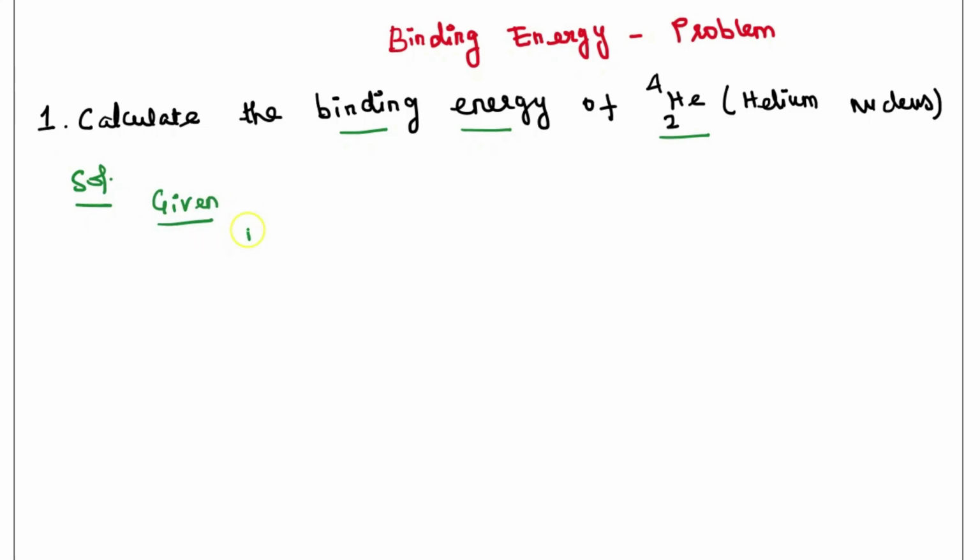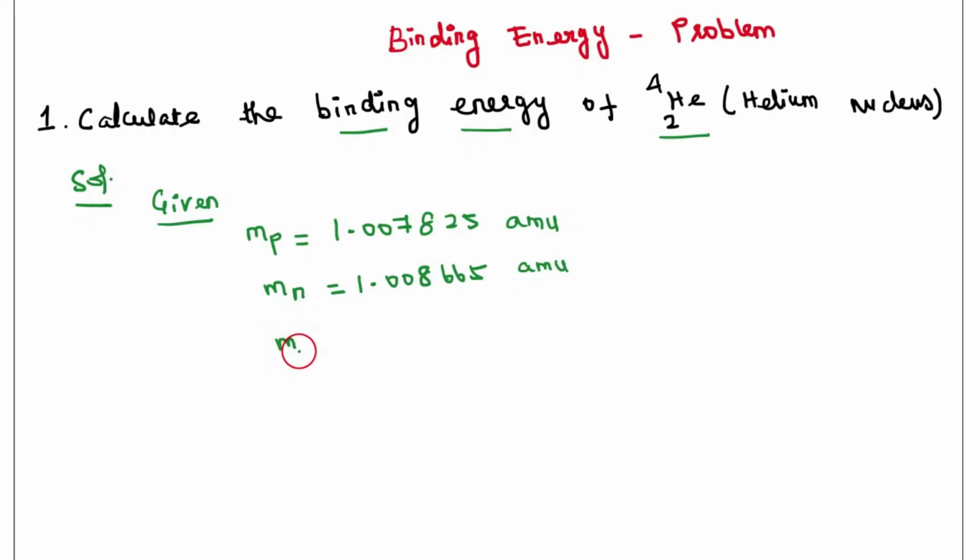So we need to know the mass of the proton. What is the value for the mass of the proton? 1.0078825 atomic mass unit. Then the mass of the neutron, we know the value. These are all constant values: 1.008665 atomic mass unit.